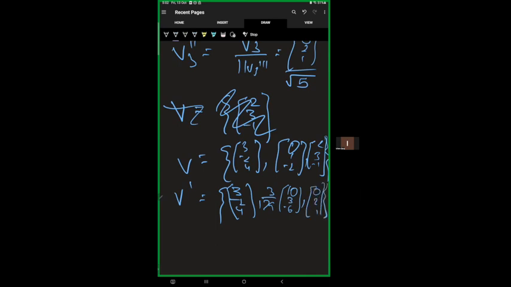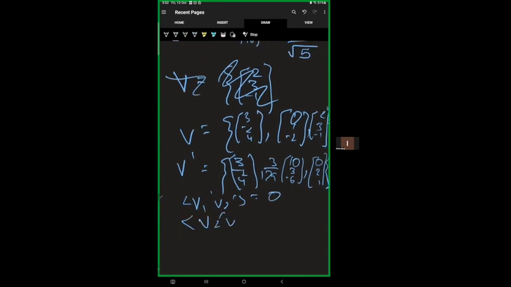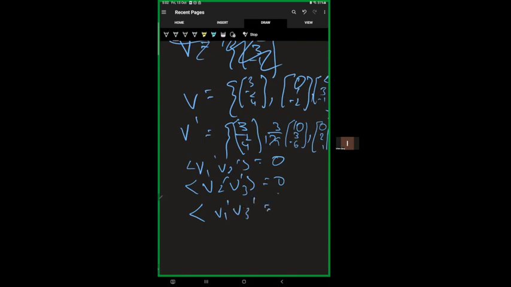Now we can verify that this set is certainly orthogonal: V1 dash·V2 dash is equal to 30 minus 6 minus 24, equal to 0, and V2 dash·V3 dash is equal to 0 plus 6 minus 6, again 0, and even V1 dash·V3 dash is equal to 0 minus 4 plus 4, equal to 0.